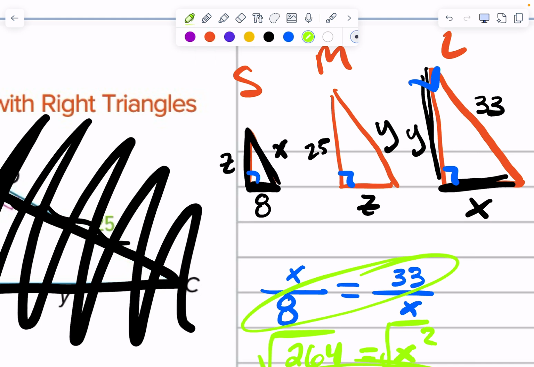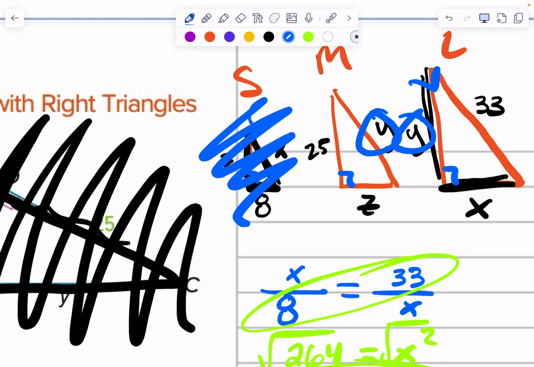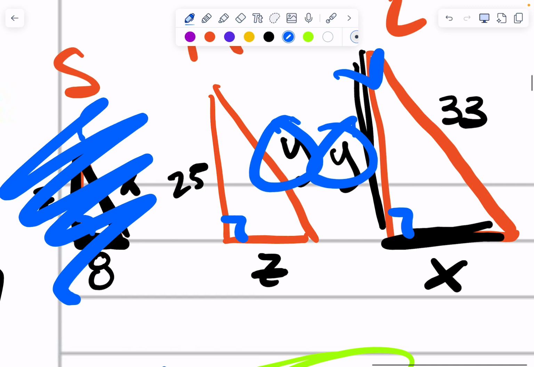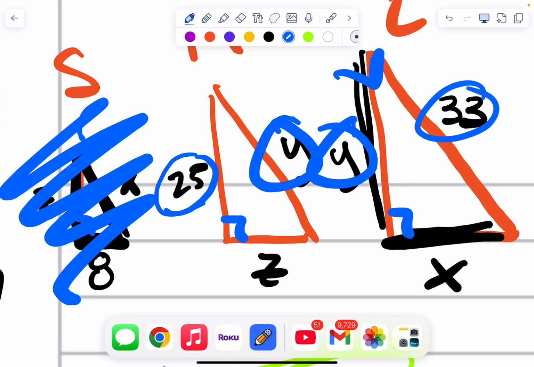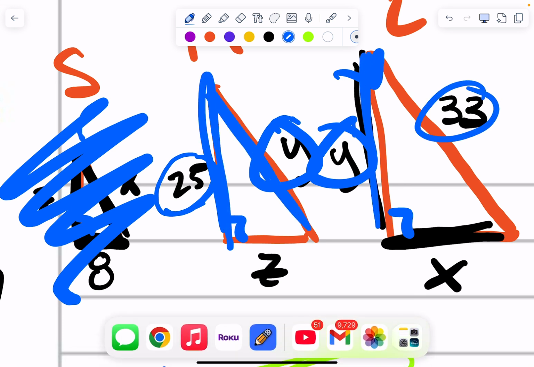I see a Y here and a Y here, so we're not going to use the small one. If I use Y and Y, what other two things do I have to use? 25 and 33, because we're using the tall side and the hypotenuse side, and the tall side and the hypotenuse side.